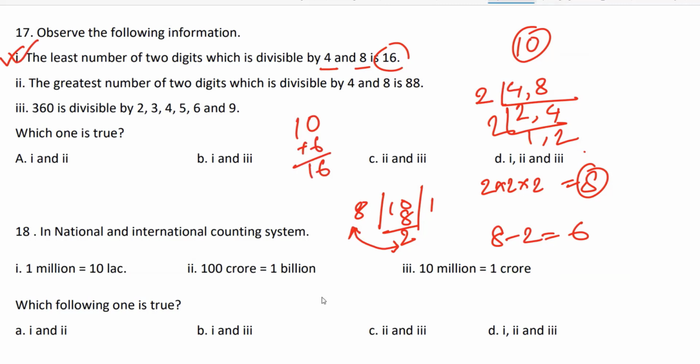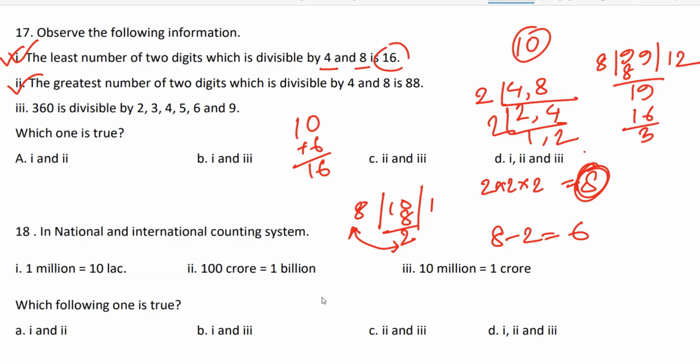Now give attention to the second statement: the greatest 2-digit number which is divisible by 4 and 8. First, find their LCM, which is 8. The greatest 2-digit number is 99, and we divide it by 8. 8 ones are 8, there is 1 9, and 8 twos are 16, so the remainder is 3.